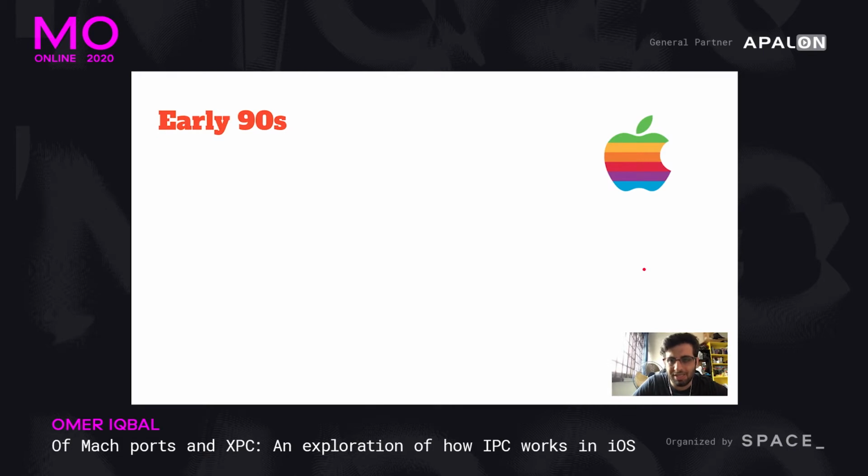the early '90s, especially, where Apple used to have this fancy logo at that time. But especially in the early '90s, the age of the PC was really beginning, properly.